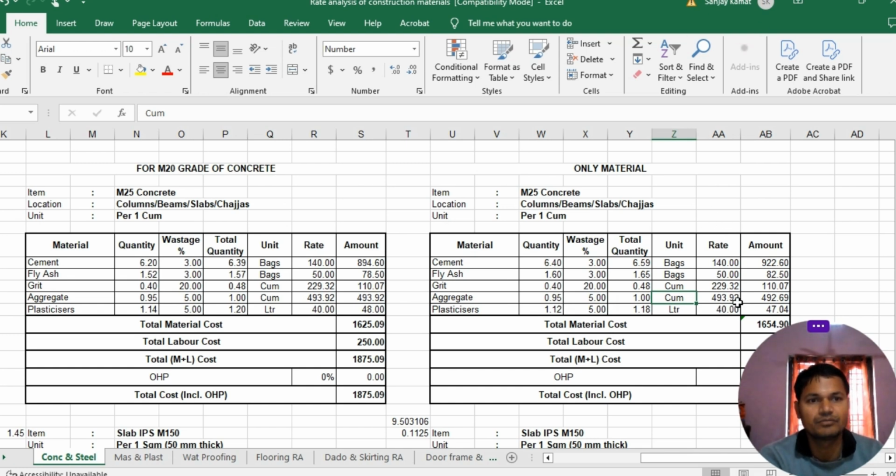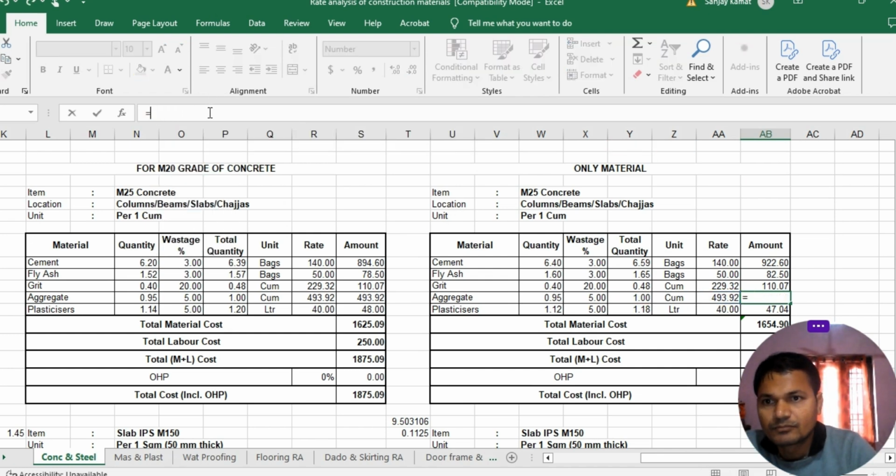And the rate of aggregate will be 493.92. If you multiply 493.92 by 1, then this will be 493.92 only. Here somewhere the calculation was wrong, so you have to edit this much.